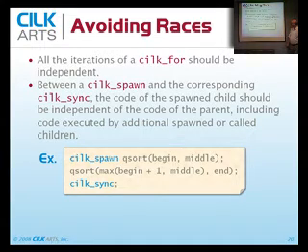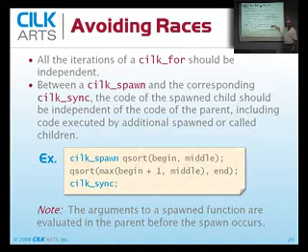If you have a Cilk spawn, here's an example from the quicksort example, then what you want to make sure is that from the point of the spawn up until the sync, all the code that's executed by the parent, including any calls it may make, are independent from all the calls and so forth that might be made by the thing that's spawned.